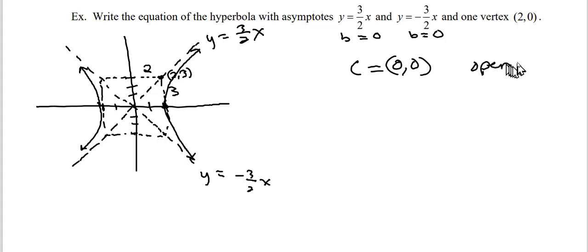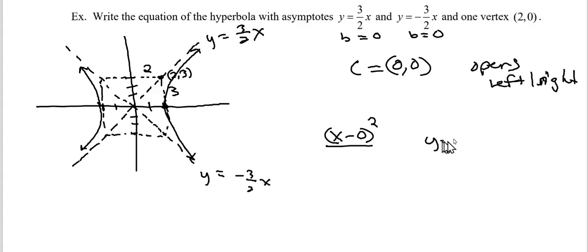It opens left and right. The value of that is knowing that my x will come first. Center of 0, 0, and a minus sign between them, equal to 1, and I just need to find my denominators.